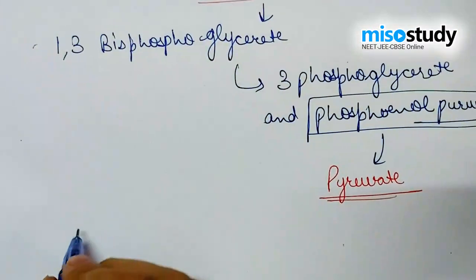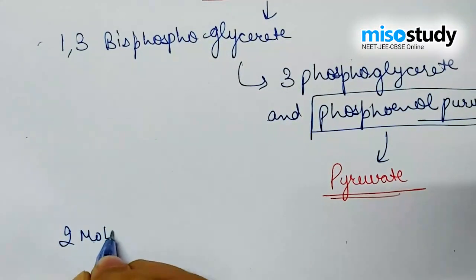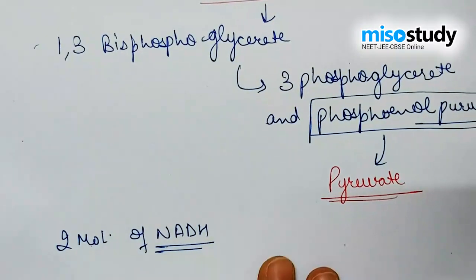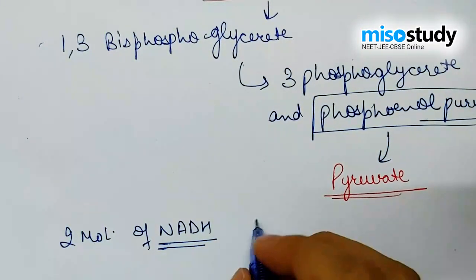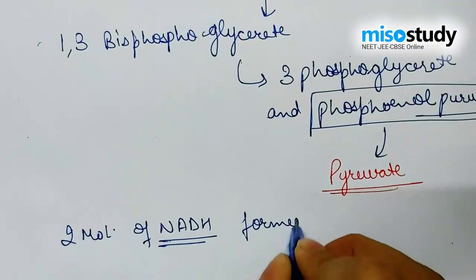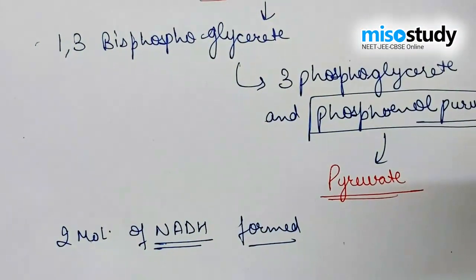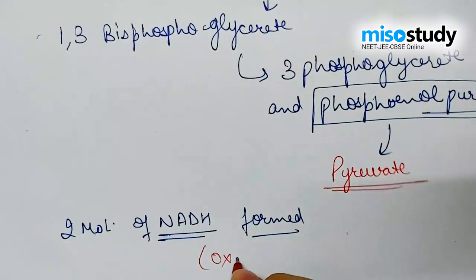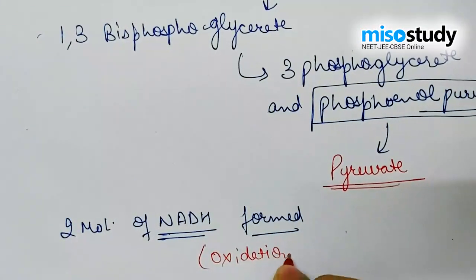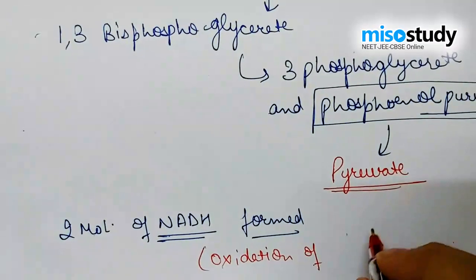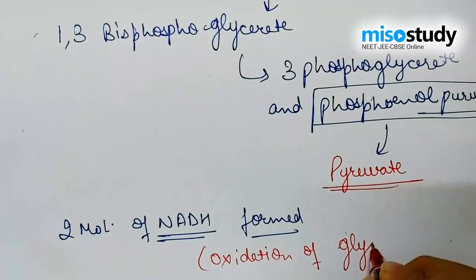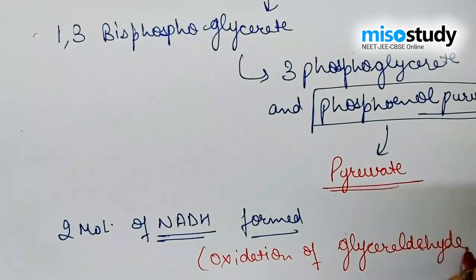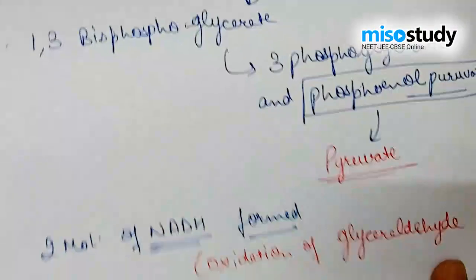During the process, 2 molecules of NADH are formed, and they are formed at the time of oxidation of glyceraldehyde 3-phosphate.